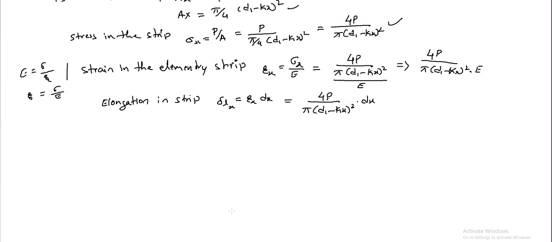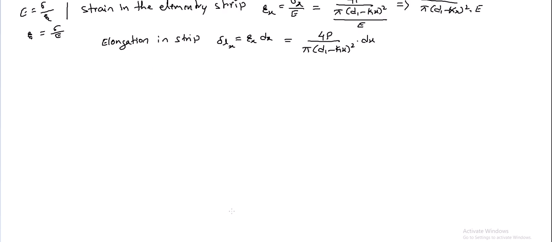Later on, I will take it to the overall length to write the total elongation of this tapering bar, which can be written by taking the integration from 0 to L, with a lower limit of 0 and an upper limit of L.